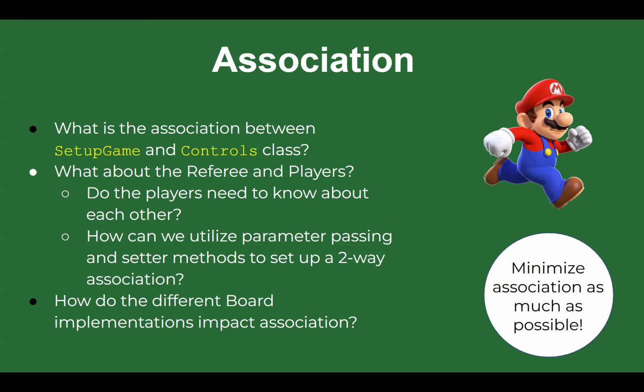And the final note that Mario has is to minimize association as much as possible. So association is really just a fancy word for a class storing another class as an instance variable.